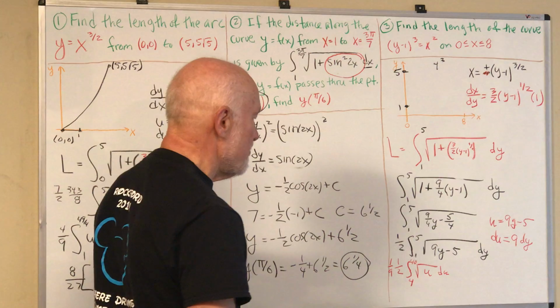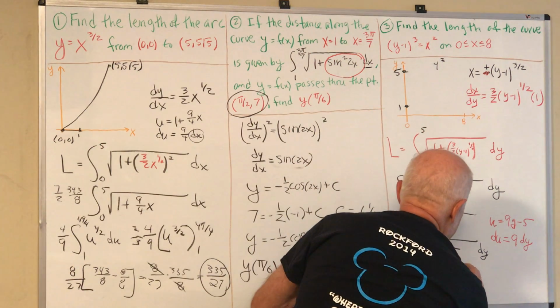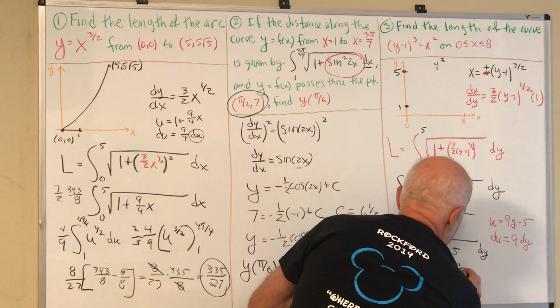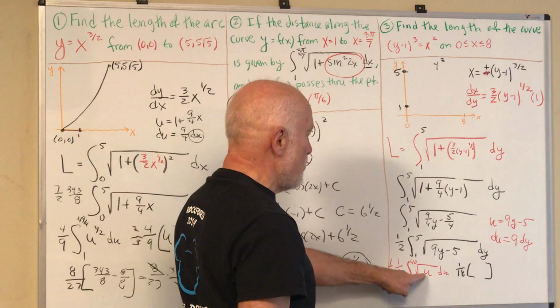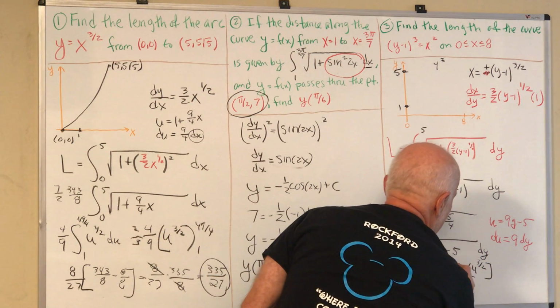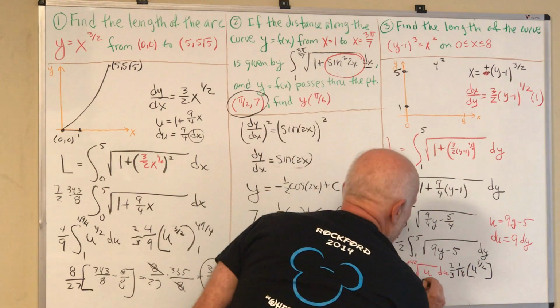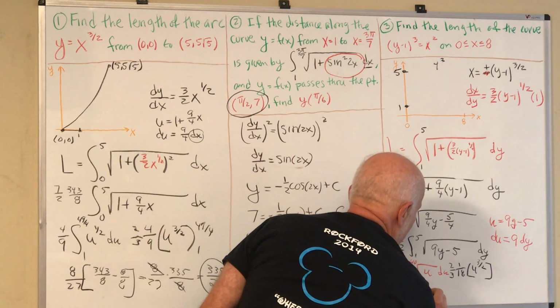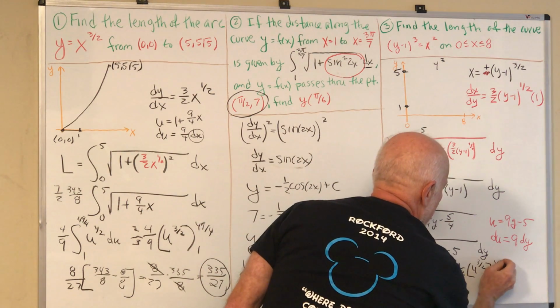So we're almost there, which is good because I'm running out of room. I get 1/18, and the antiderivative of u to the 1/2 is u to the 3/2 times 2/3. So that becomes 1/27, and you're going from 4 to 40.